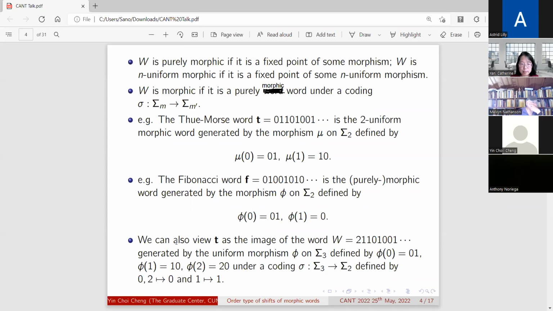Now, for the sake of giving an example of a morphic word, we can also view the Thue-Morse word as the image of the word W, which is generated by the uniform morphism phi on sigma 3 defined by phi of 0 equals 01, phi of 1 equals 10, phi of 2 equals 20, under some coding from sigma 3 to sigma 2 defined by sending 0 and 2 to 0 and 1 to 1.